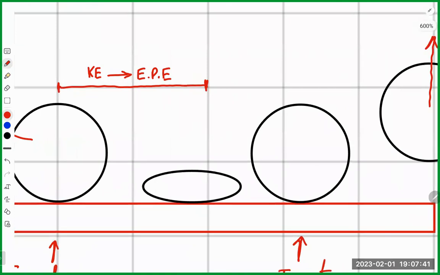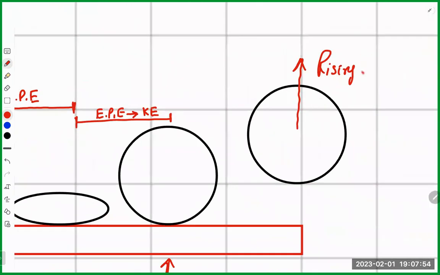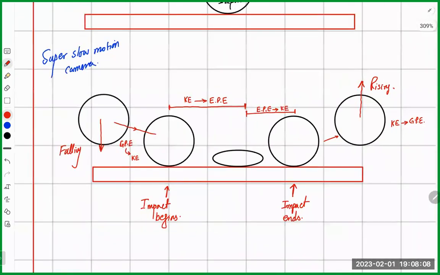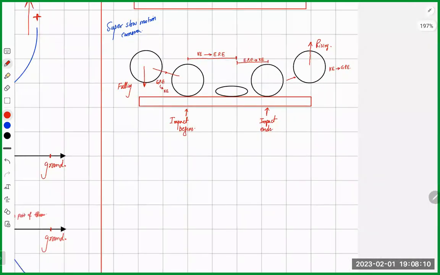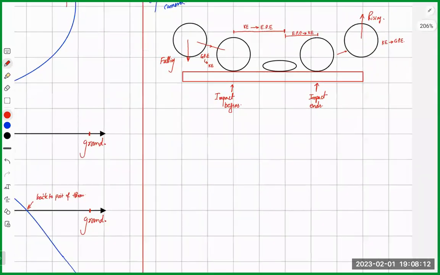Now, this is the time when elastic potential energy becomes kinetic energy again. And when the object starts to rise, kinetic energy becomes gravitational potential energy. Now, how can we show all that on a graph? So this is the physics of impact.